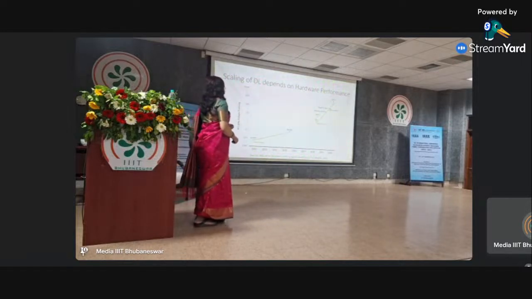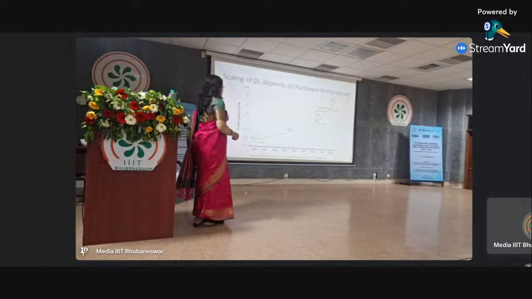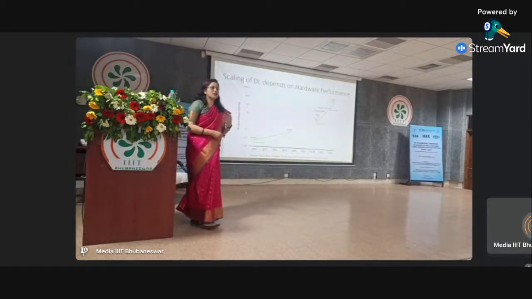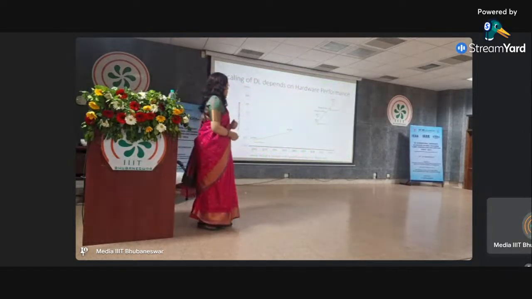AlexNet, which came in 2012, had a training requirement of less than 0.1. Now we are talking about GPT-3, several orders of magnitude higher, something in the 10,000 range. As we can see, the throughput that we need has increased by several orders of magnitude, and that is because our hardware is able to support it.